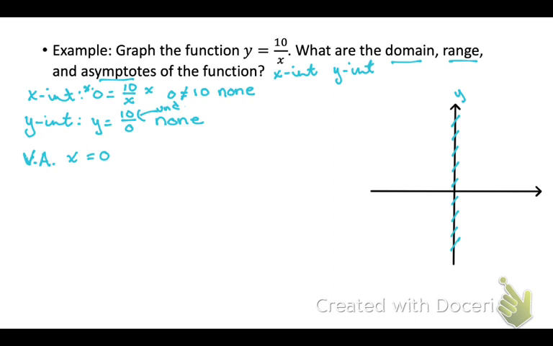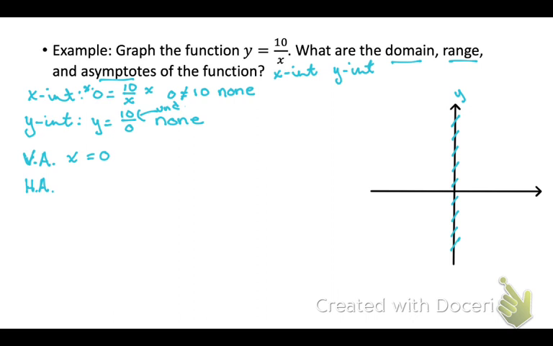Okay, horizontal asymptote. Well, this is where it gets kind of abstract. We have to look at this equation. Horizontal, I guess it would be HA, right? What number will the graph never be? 0.